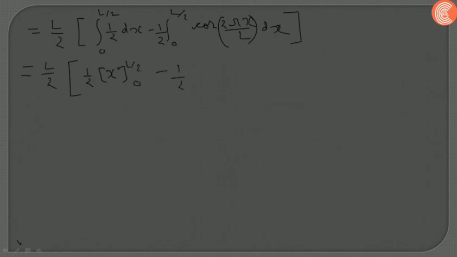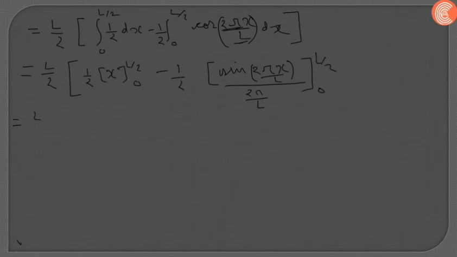And if we do the integration of cos, then it becomes sine 2 pi x by L. And 2 pi by L is the constant term which we get downside. And the limit is 0 to L by 2.